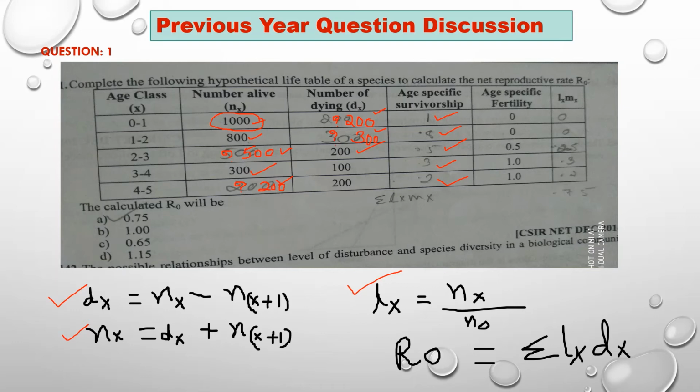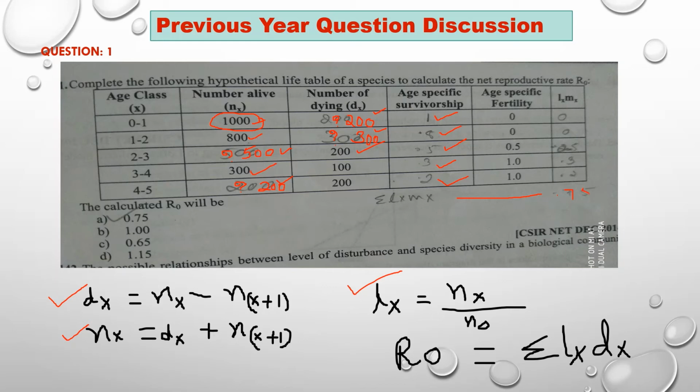So Lx mx 0.3. And in 4 to 5 age class, Lx is 0.2 and mx is 1. So Lx mx 0.2. Next we have to calculate the total Lx mx. Total Lx mx, that means sigma Lx mx is equal to 0.75.